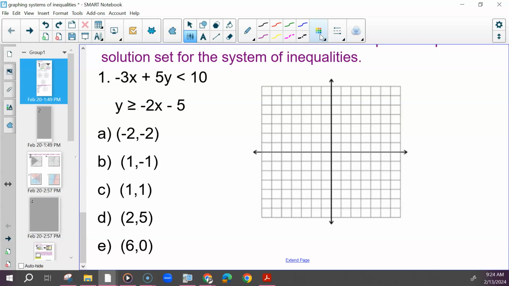So for this first one, we have to solve this, get it back in slope-intercept form by adding 3x to both sides, and divide everything by 5. So we can go ahead and graph that one.